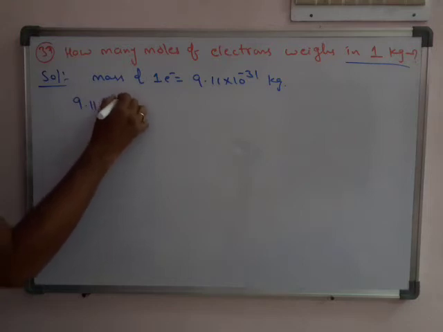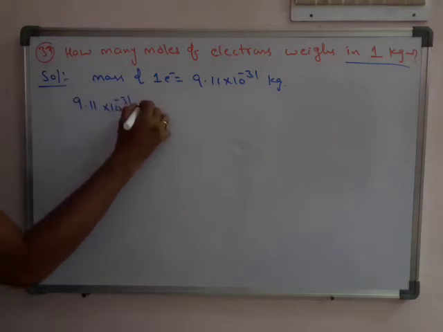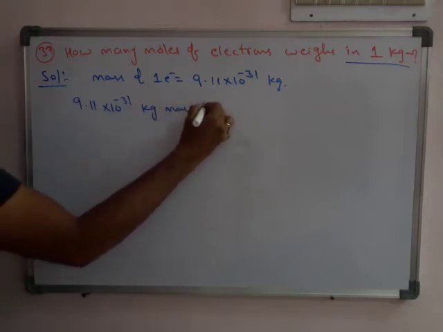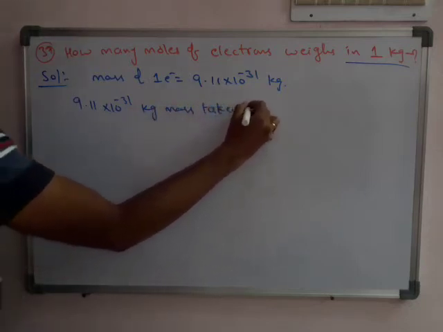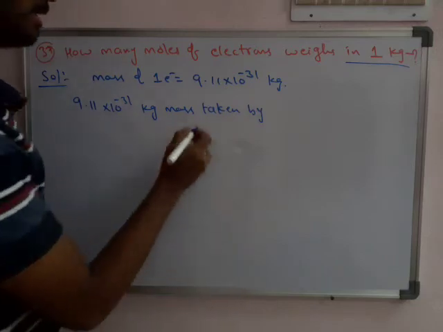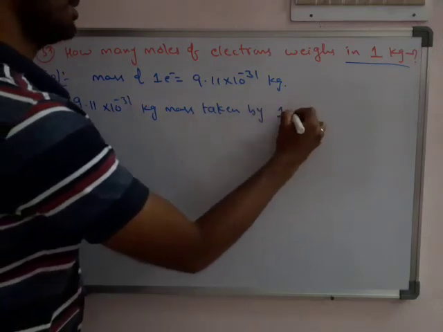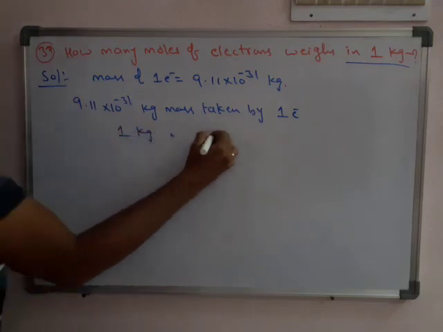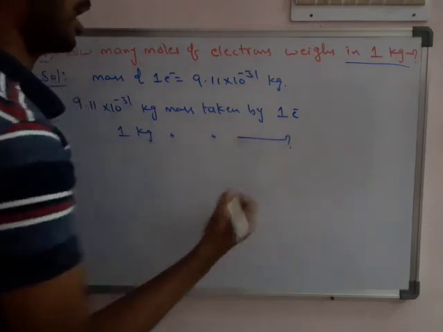9.11 into 10 to the power minus 31 kg of mass is taken by just one electron. Then what about 1 kg? 1 kg of mass is taken by how many electrons?